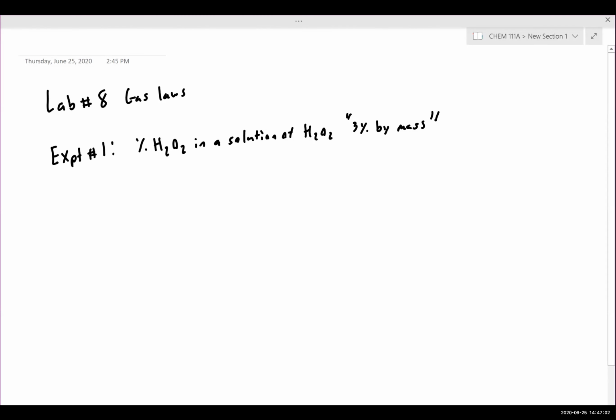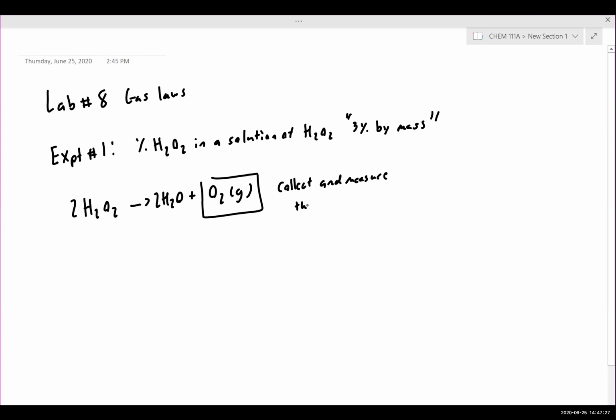The way that we're going to do that is hydrogen peroxide can decompose to yield water and oxygen gas. And this oxygen gas we can collect and measure the volume.